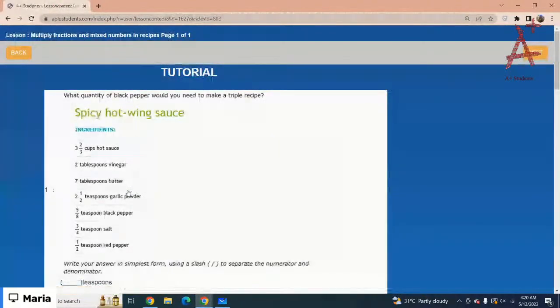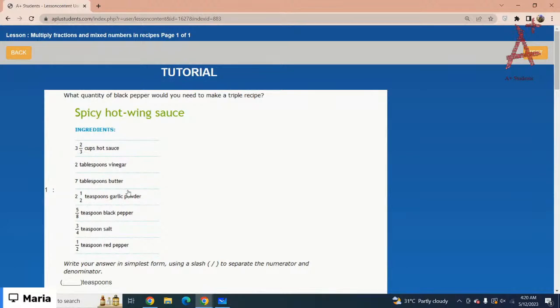Okay, what quantity of black pepper would you need to make a triple recipe? Black pepper required for this recipe is 5 by 8. You can see the table.